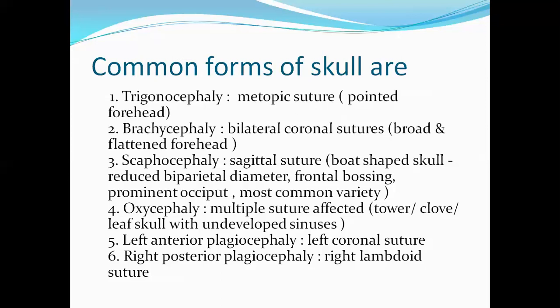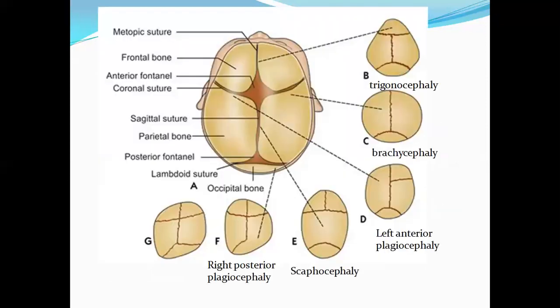So you can see there are various types of skulls because of premature fusion of the various sutures. This A is right posterior plagiocephaly. Then in the diagram we can see trigonocephaly, C is brachycephaly, D and E left anterior plagiocephaly, and scaphocephaly, which is the most common.